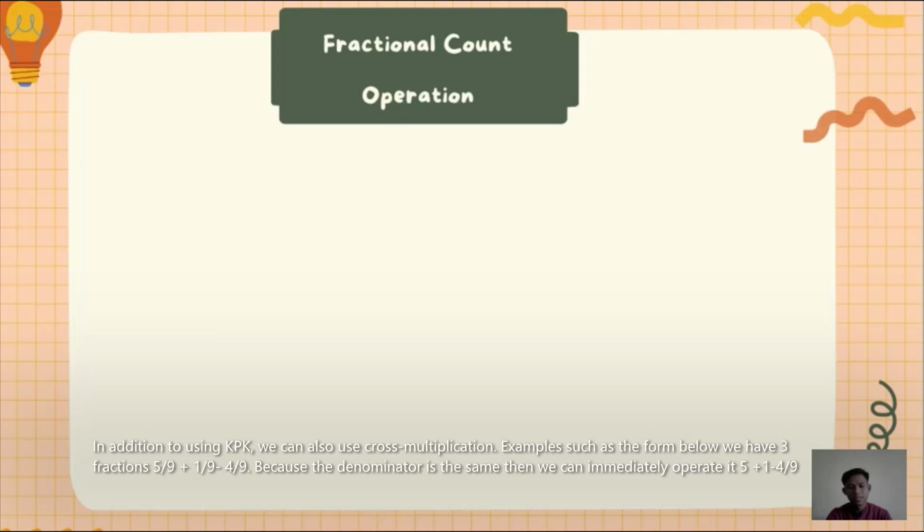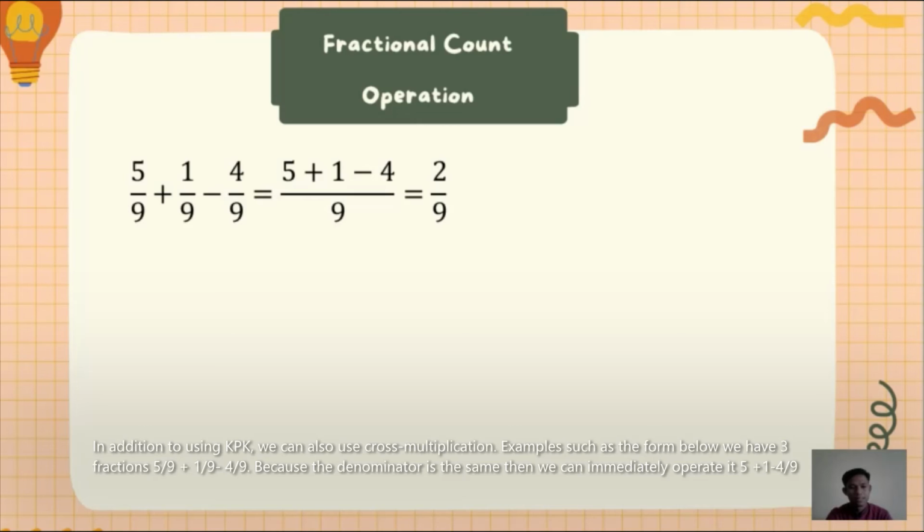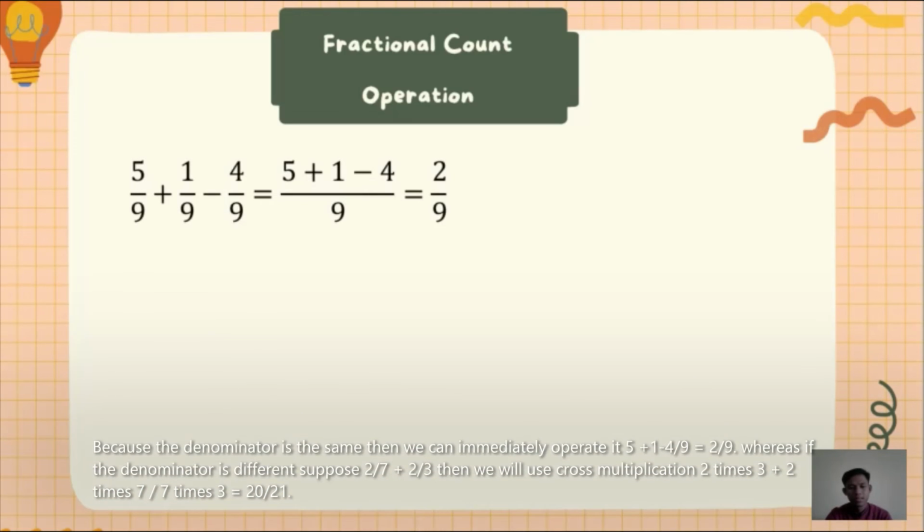For example, such as the form below, we have 3 fractions: 5/7 plus 1/7 minus 4/7. Because the denominators are the same, then we can immediately operate on the numerators. 5 plus 1 minus 4 all over 7 is equal to 2/7.